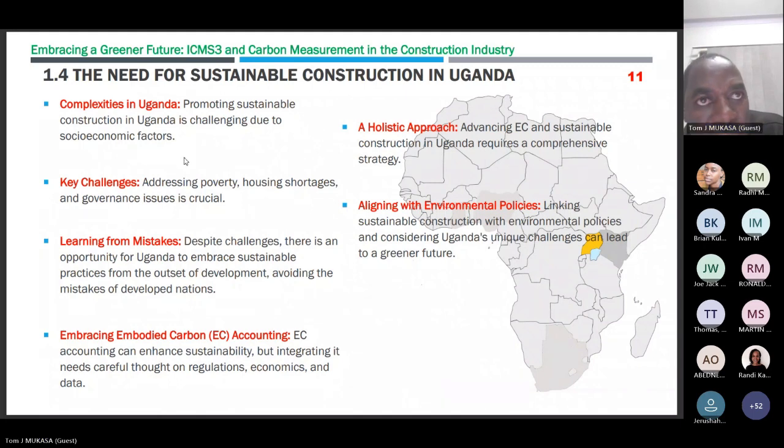We need to improve our energy distribution, our availability of the energy. We need to build more houses because we have a shortage, and all this is going to require a lot of carbon emissions. So we are caught in a trap, and the only way at the moment is to see that the green movement, the people who are promoting efficient energy and using low carbon technologies, can bail us out.